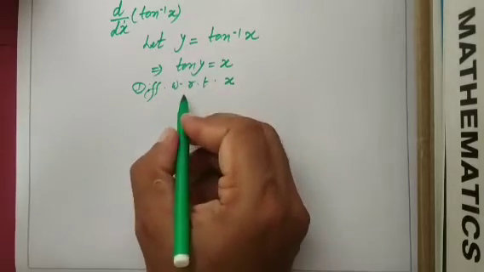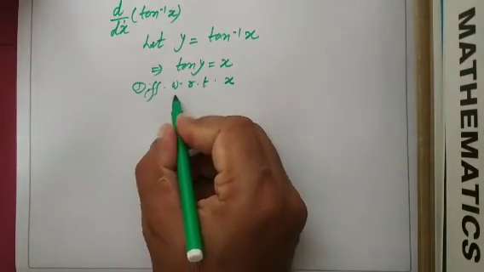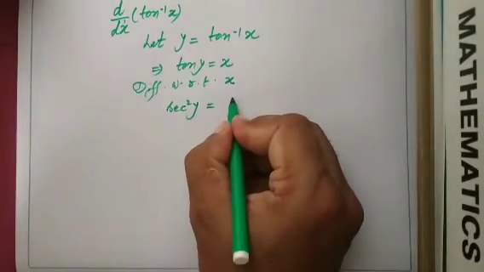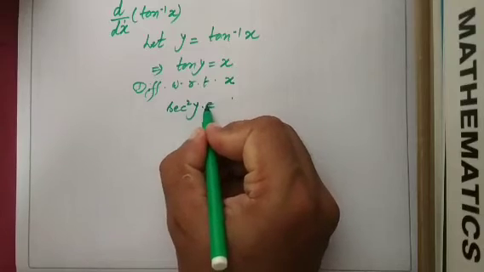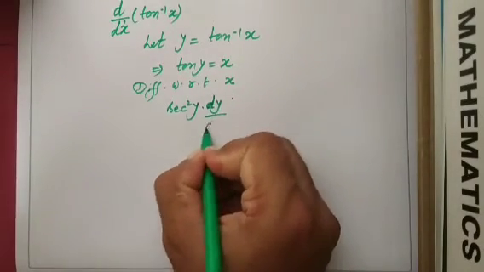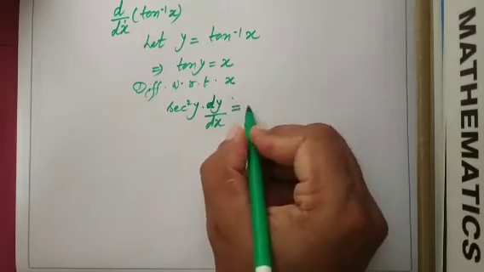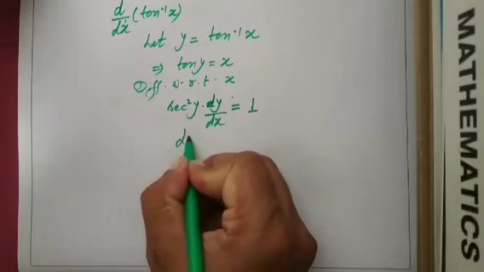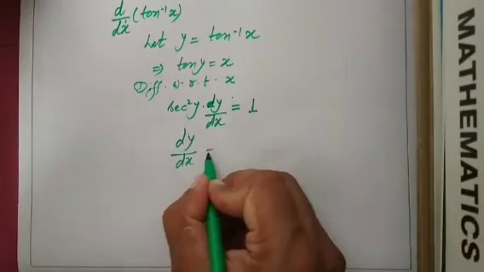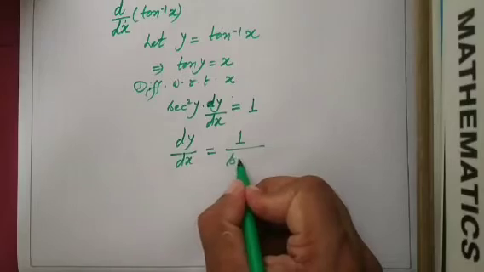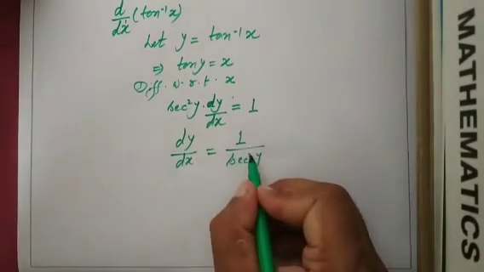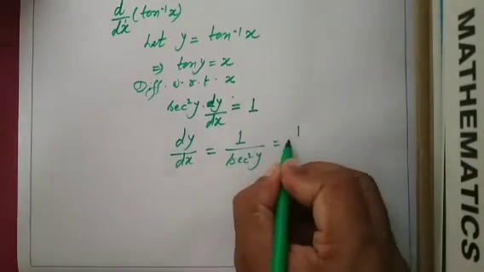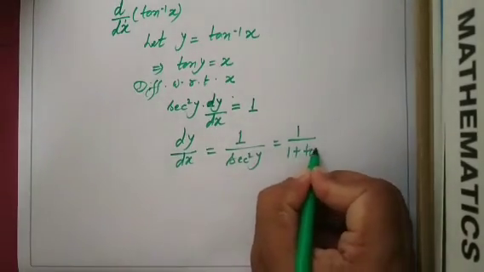The derivative of tan y, as you already know, gives sec square y times dy by dx, and on this side the derivative of x is 1. Then dy by dx is 1 upon sec square y. Now you know the identity: sec square y can be written in terms of tan as 1 plus tan square y.